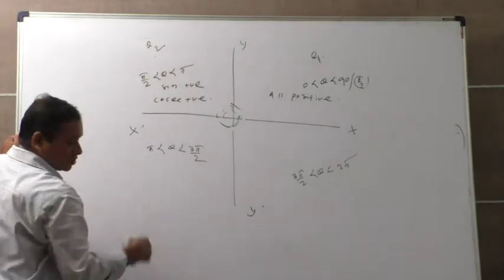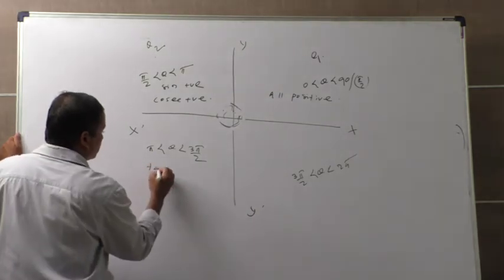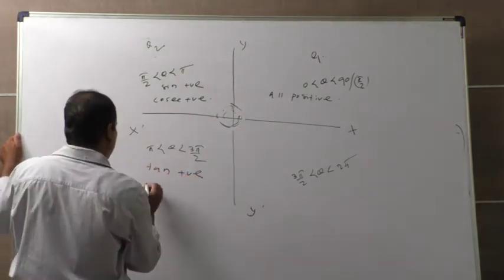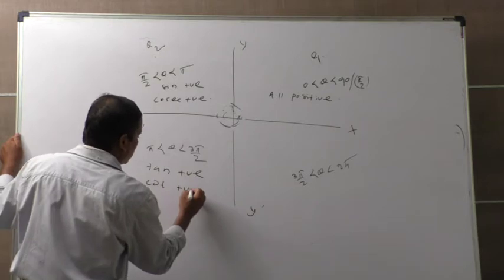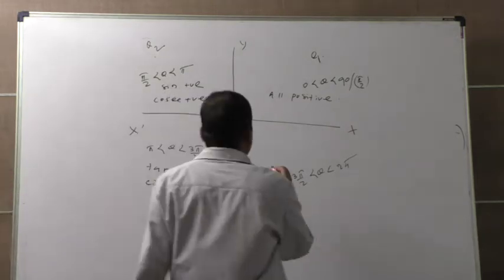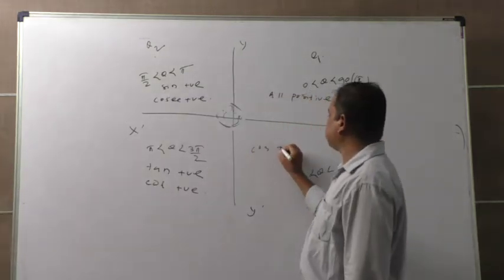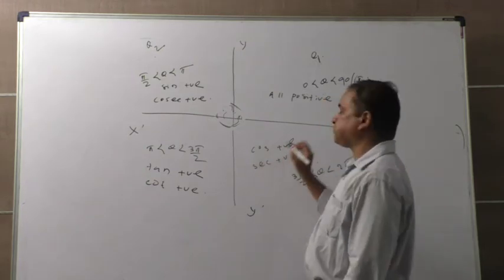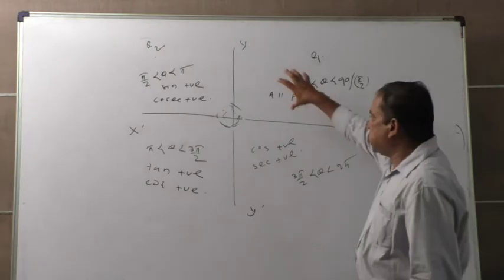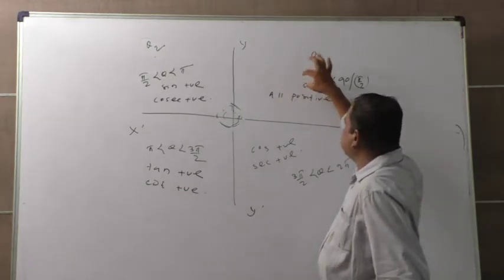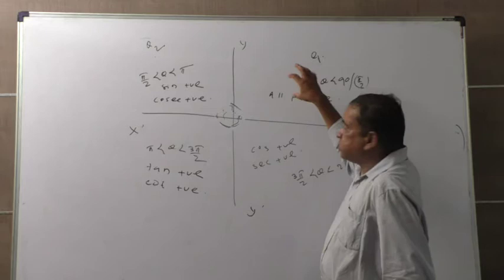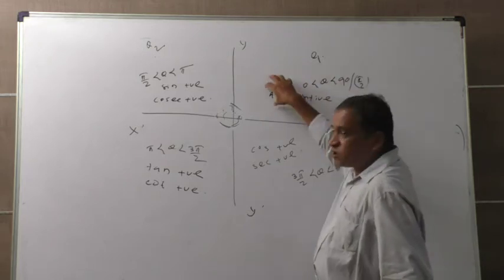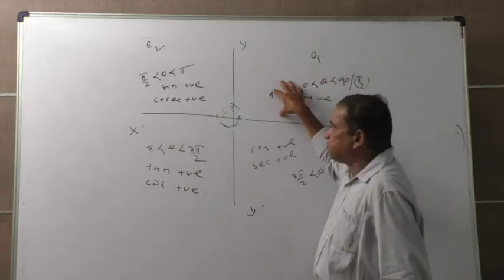In third quadrant, tan positive. Its opposite, cot, is positive. And in fourth quadrant, cos positive. Opposite, sec, is positive. That means in first quadrant, 0 to 90, sin positive, cos positive, tan positive.